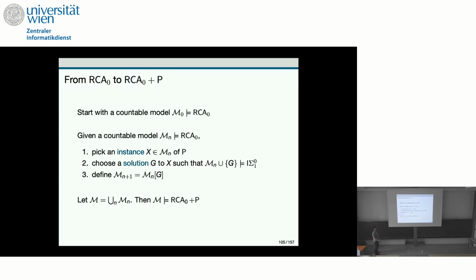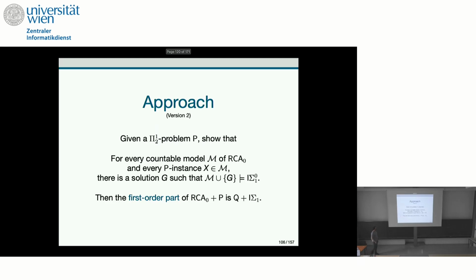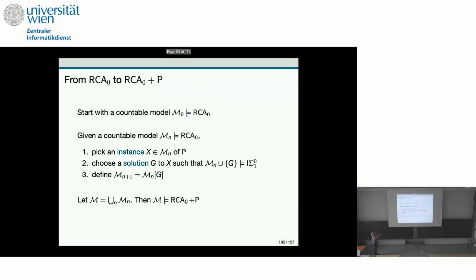And so this is where we are going to use the forcing equation. We are going to see that the features of the forcing equation are helpful to preserve Sigma 0 1 induction. So let's refine our approach and say that given a Pi 1 2 problem, we want to show that we can do one step of this construction.